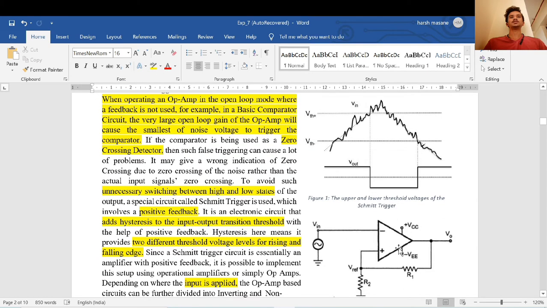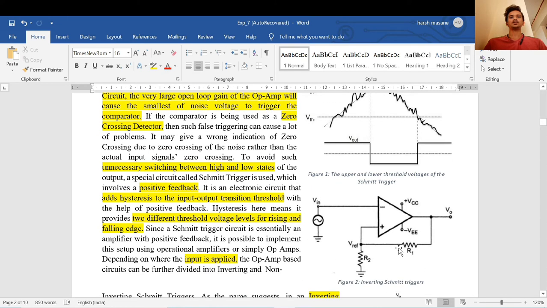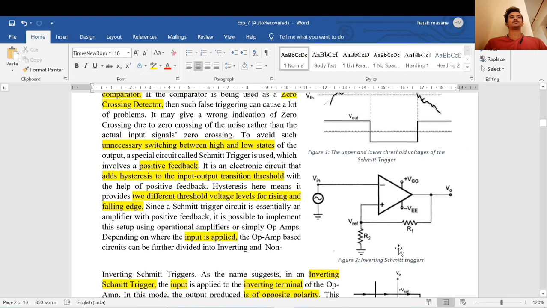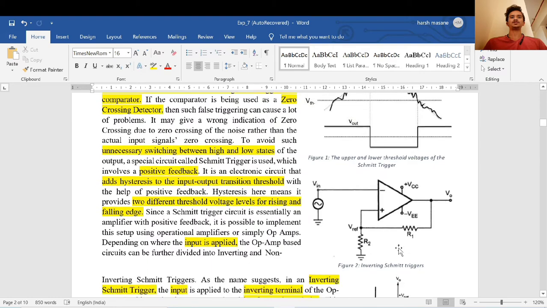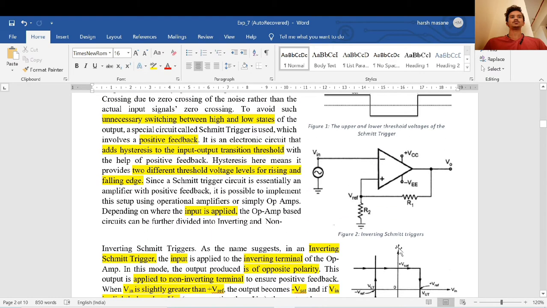This problem is seen in the zero crossing detector. When there is noise, unnecessary switching between the high and low states occurs. To eliminate this, we use a Schmitt trigger, which provides positive feedback. Due to this, it adds hysteresis to the input and output transition threshold voltages.